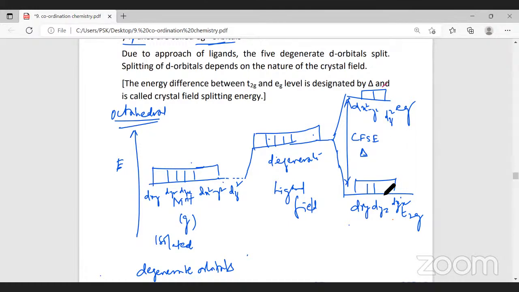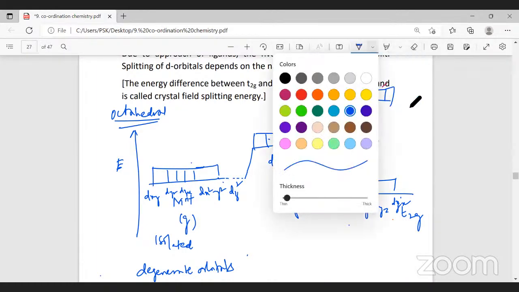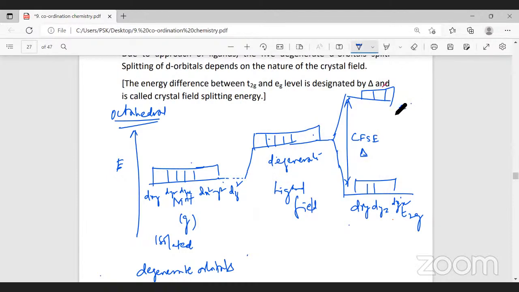These 3 orbitals will go on top. This is represented as e, dxy, dyz, dzx in case of tetrahedral complex. And here you will have only 2 orbitals.